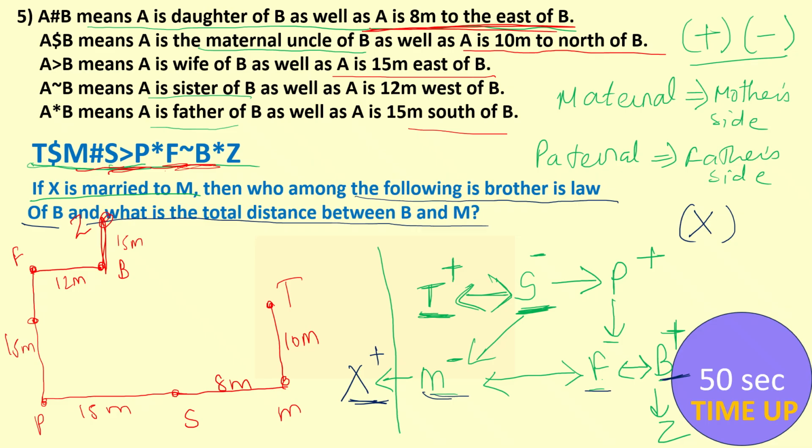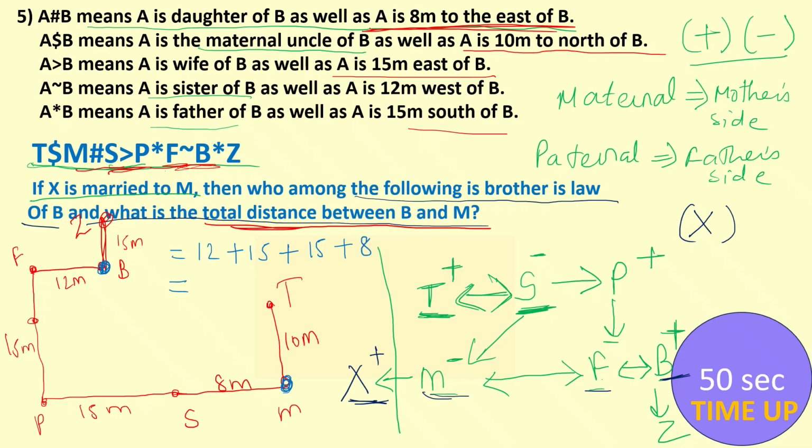Okay. Now what they have said, what is the total distance between B and M? Where is your B? B is here and M is here. So they want the total distance, correct? So you need to just add. Okay, you need to add 12 plus 15 plus 15, you will have plus 8, correct?